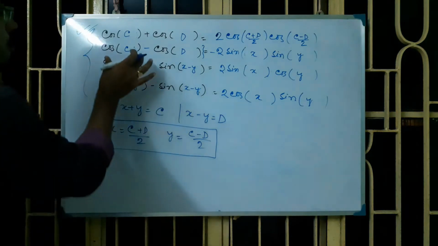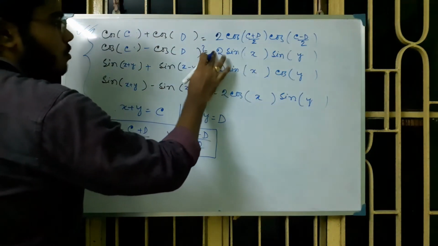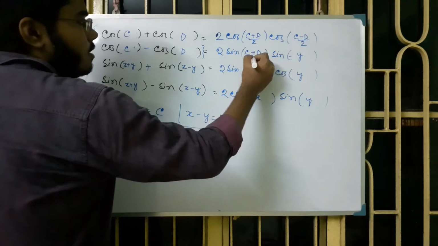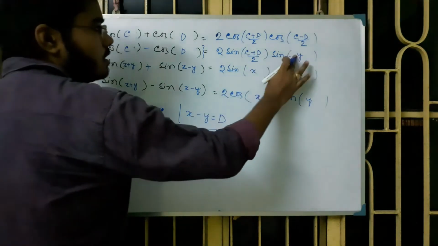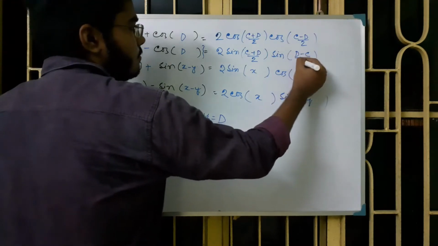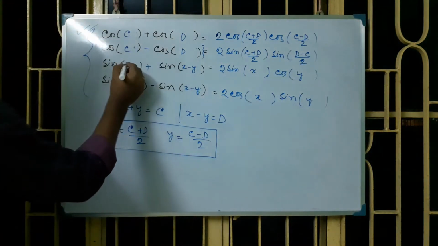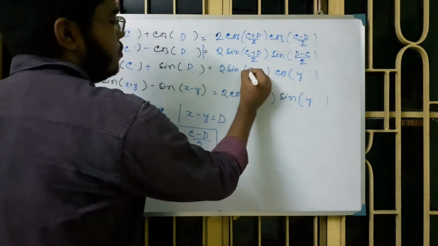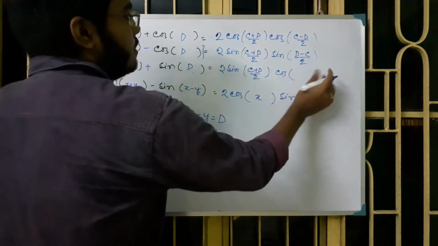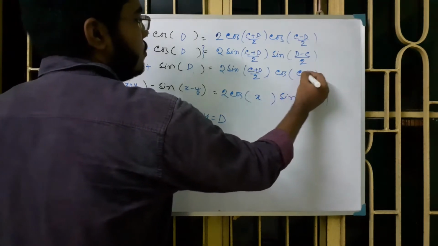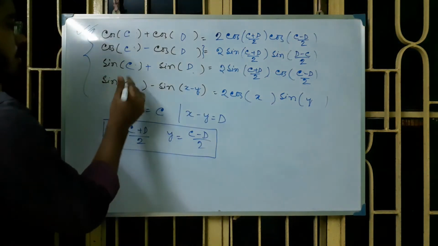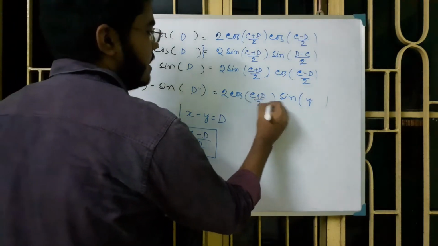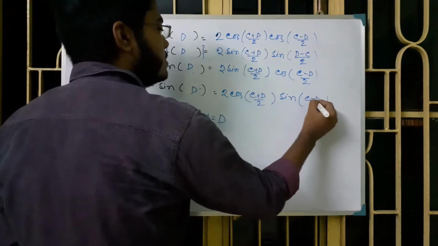If you remember that cos x minus cos y equals minus 2 sin x sin y, then taking minus inside and putting x equal to (c+d)/2, y equal to (c−d)/2, minus of this is (d−c)/2. So this is c, this is d, this is (c+d)/2, and this is (c−d)/2.